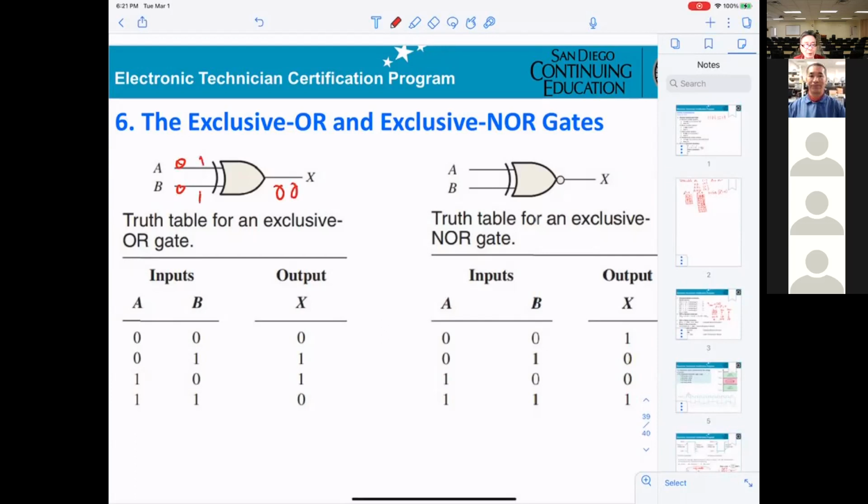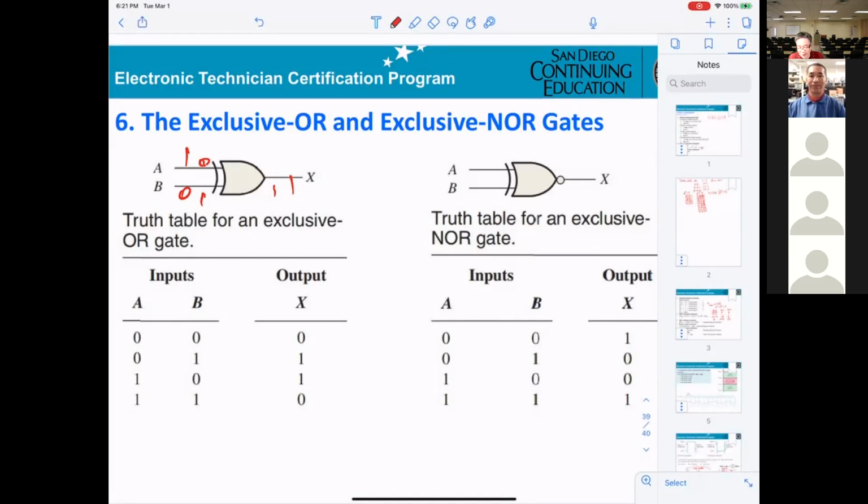The same logic input, output 0. However, if you get a different logic input, then output equal to 1. That means you get 1 here, 0 here, so you get a 1. Different logic. Or you get a 0 here, 1 here, you get a 1. Okay? And then exclusive nor is just the inverse of the exclusive or.